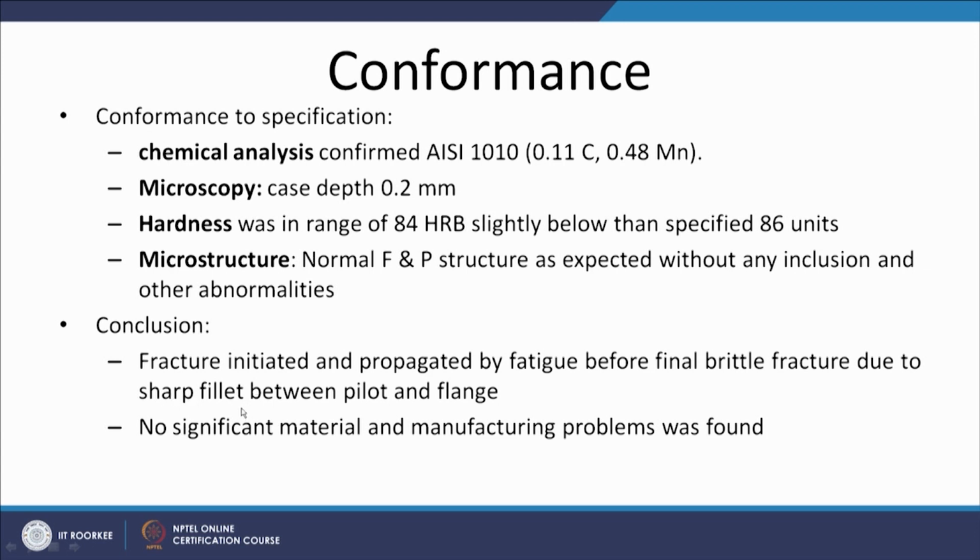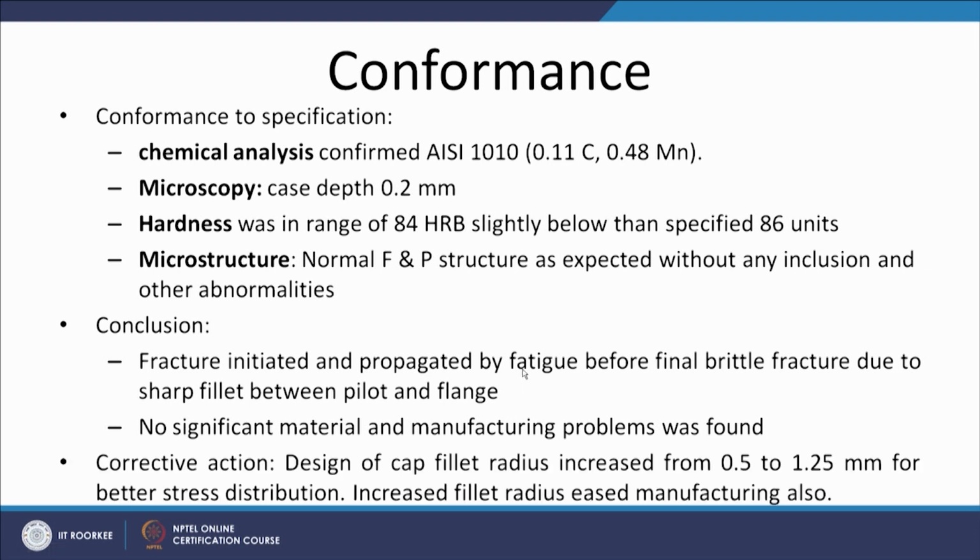The crack nucleated at the fillet between the pilot and the flange, and no significant material and manufacturing problem was found. The location suggested that the crack nucleated and grew from the fillet zone.